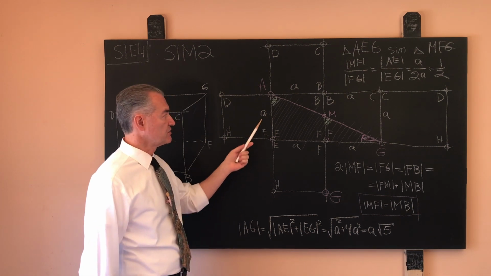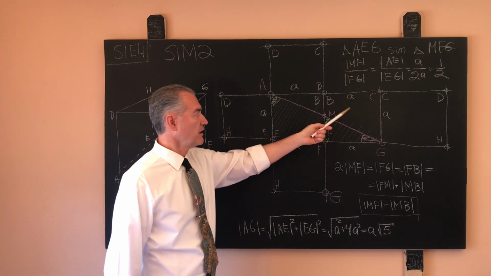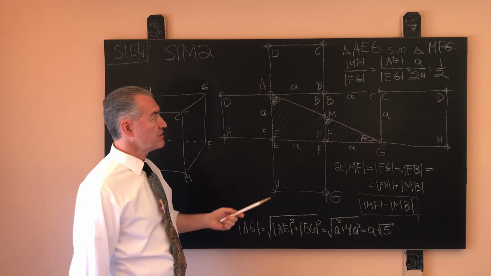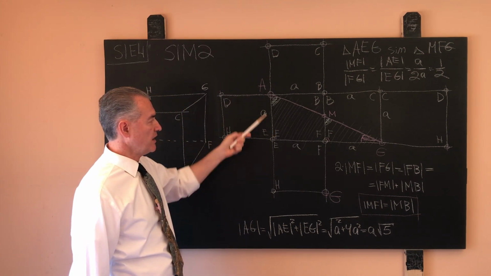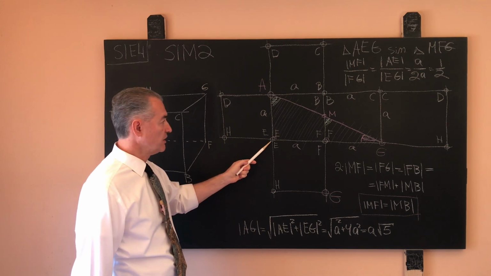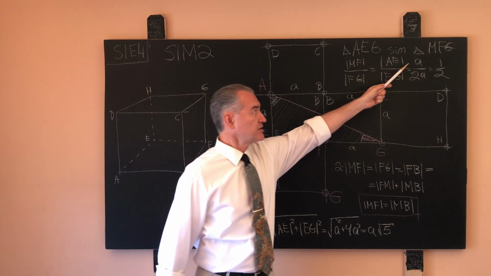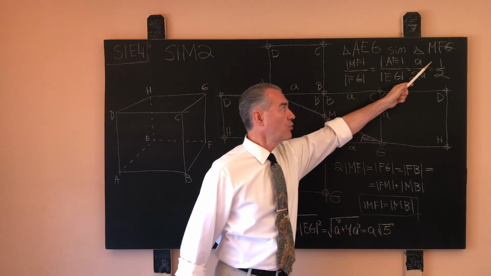We refer to this length as A everywhere. That means that the ratio of the distance from A to E to the distance from E to G is captured as A over 2A, or 1 to 2.